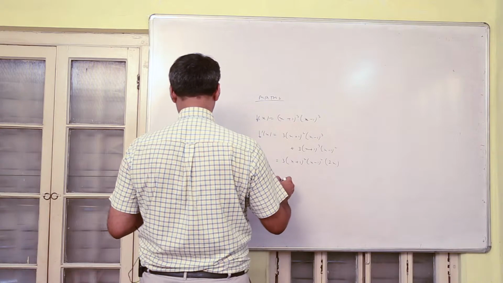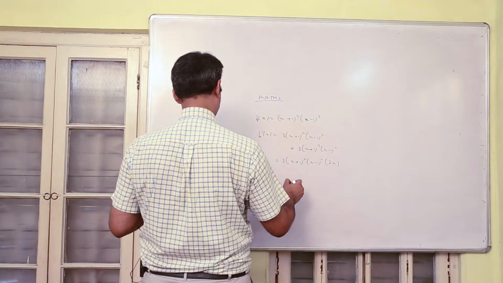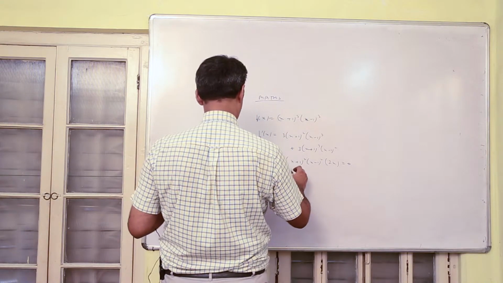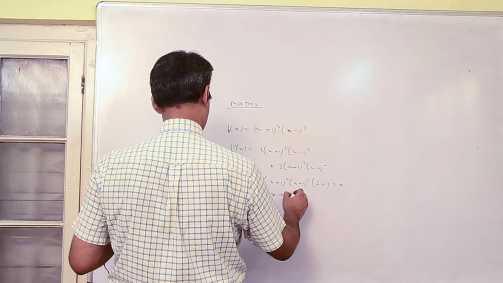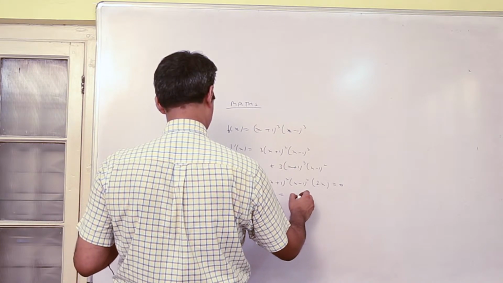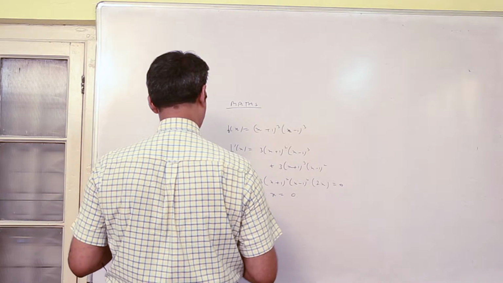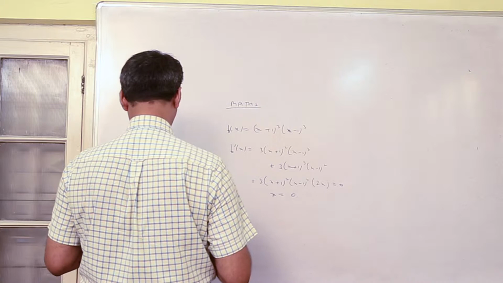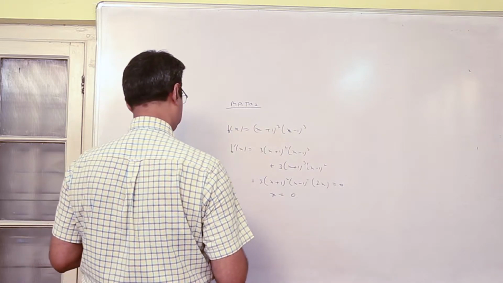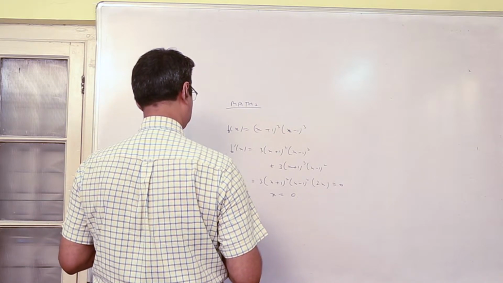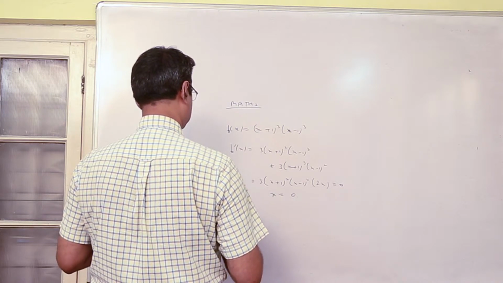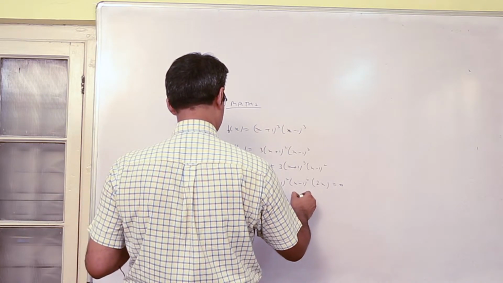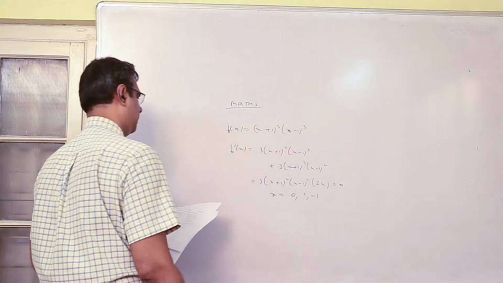So you can easily see that in this particular question, if you equate the derivative to 0, then you will get x equal to 0 or 1 or minus 1.